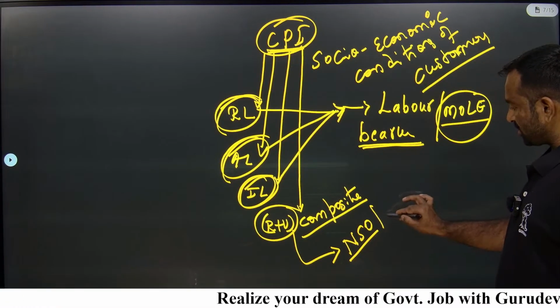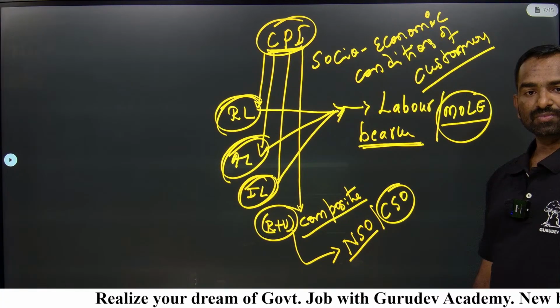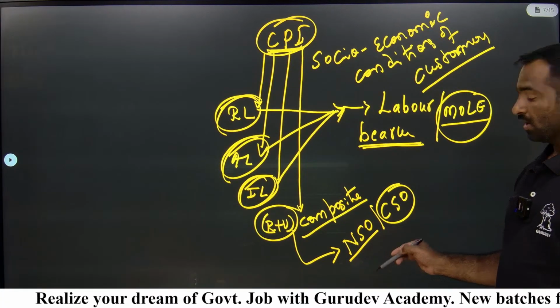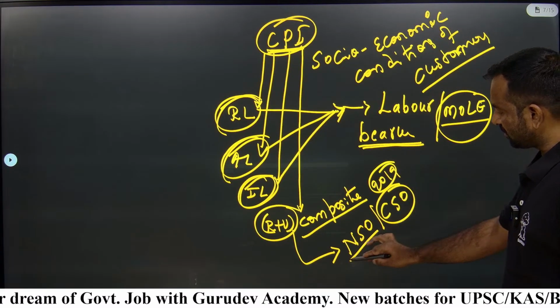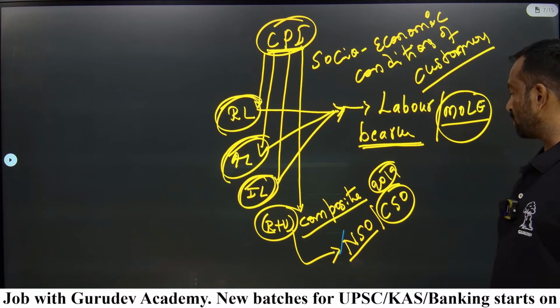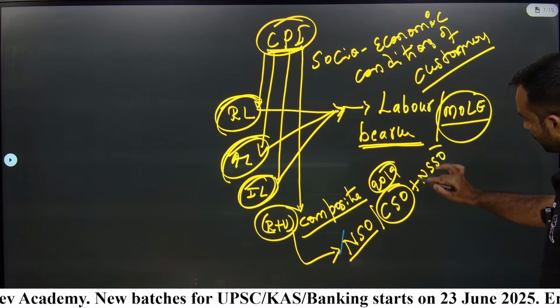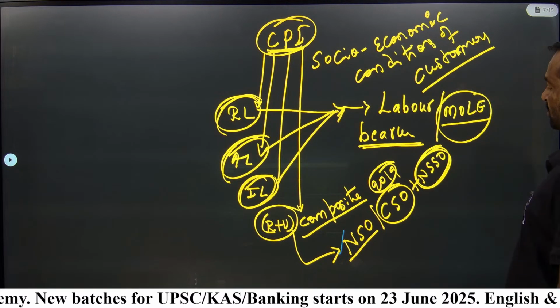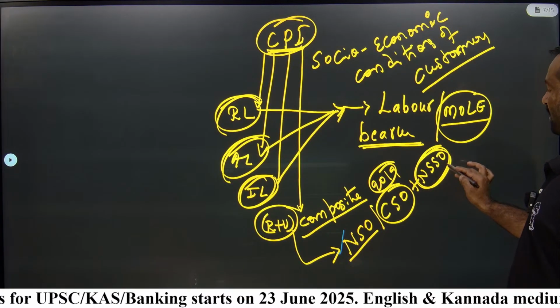Earlier it was the CSO. In 2019 the NSO emerged by merging the Central Statistical Office and the National Sample Survey Organization.